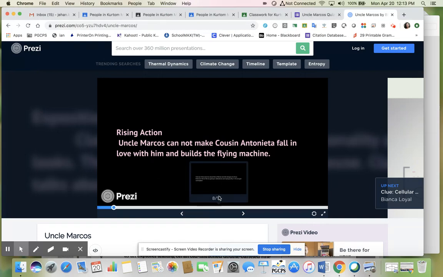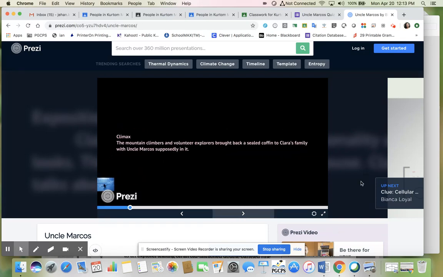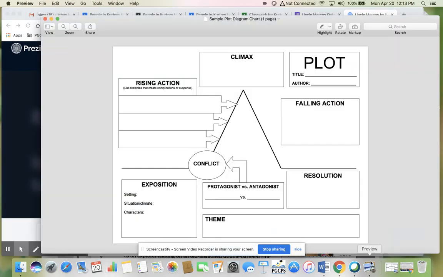Once she refuted him, he builds a flying machine. Now, the flying machine, people said, looked like a prehistoric bird. That's really important also.